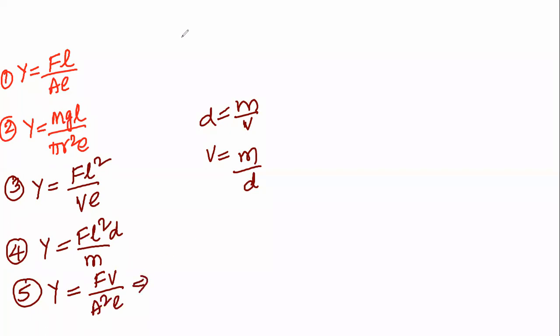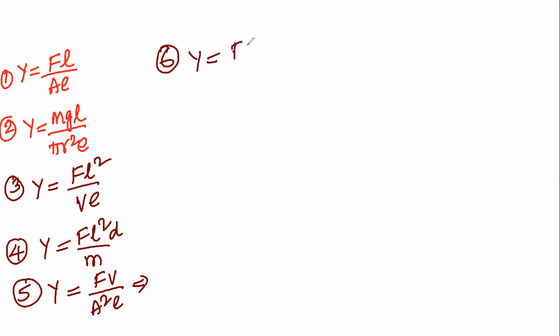Or we may rewrite this formula as Y is equal to FV divided by pi square r power 4 into e, as A square gives pi square r power 4.